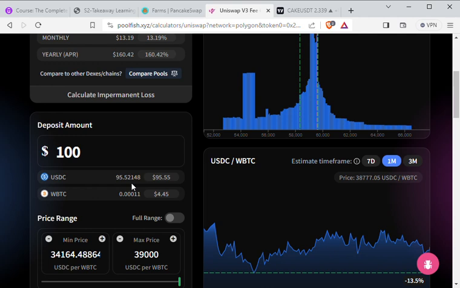Like if I wanted 80-20, 80% Bitcoin and 20% USDC, I would set my range to whatever that would be. So I would have 20% USDC, which would be $20 of 100, and then $80 in Bitcoin.